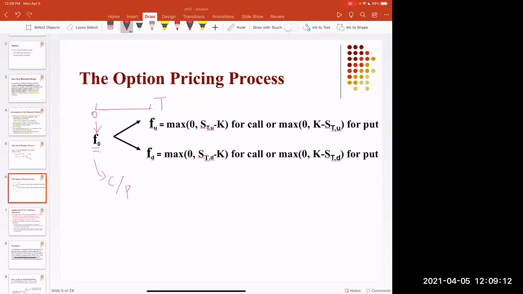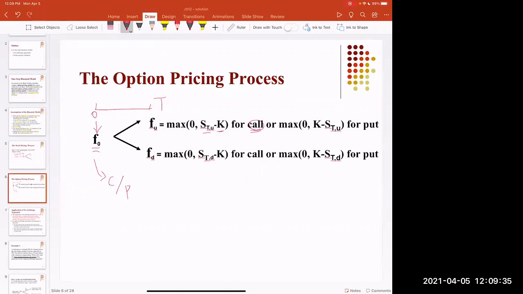At the expiration date, the option price, or option value, would be determined by the stock price and the strike price, and it depends on the type of option. For example, if it's a call, we would calculate the payoff.